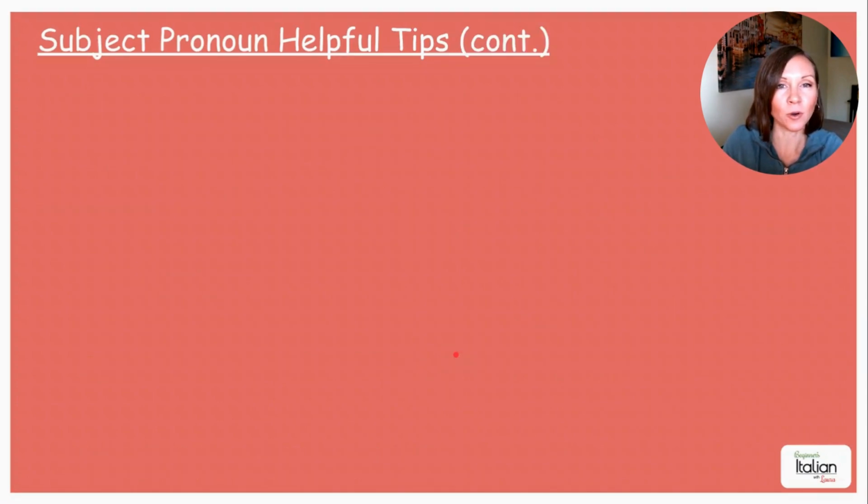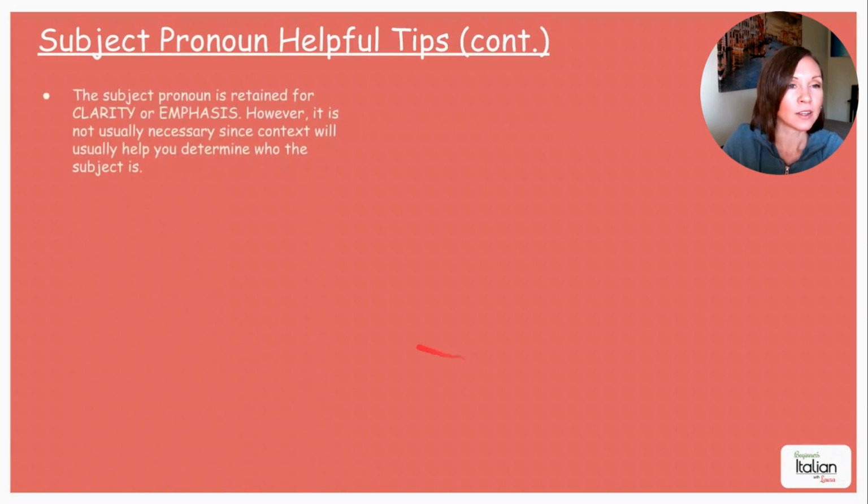All right, we have some more helpful tips continued here. So the subject pronoun is retained for clarity or emphasis. However, it is not usually necessary since context will usually help you determine who the subject is.